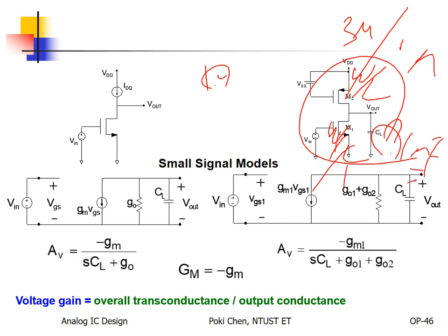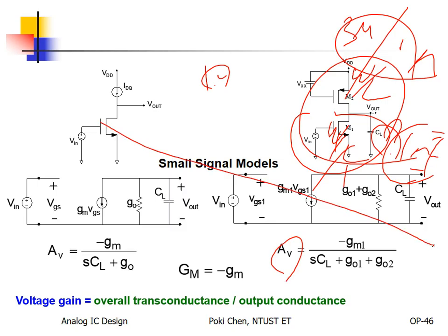If I offer all the detailed specifications, then tell me how much the gain will be, how much the bandwidth will be. All of you will think, wow, I have no idea, right? So there is a hard boundary between the performance and the detailed sizes and bias of the circuit.